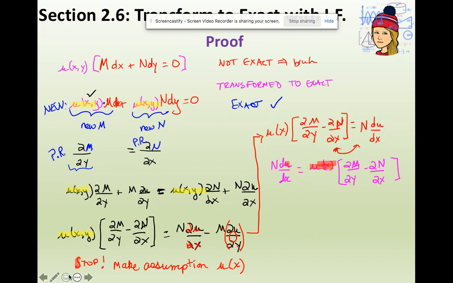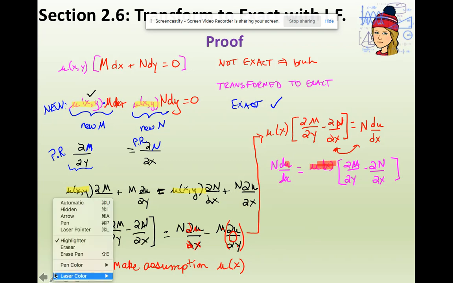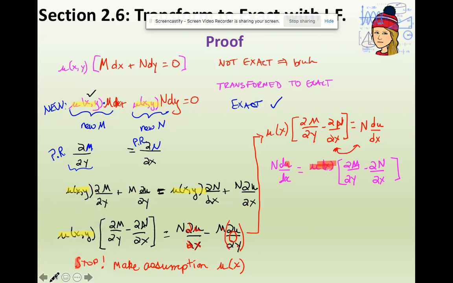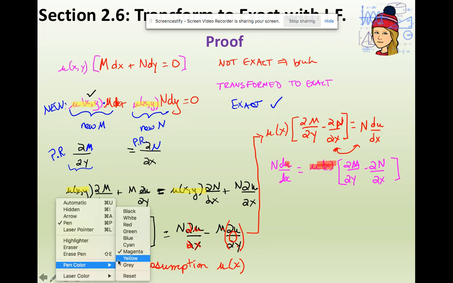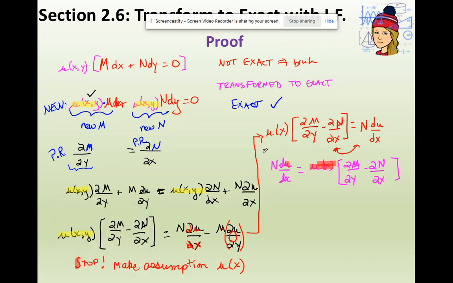So guess what I'm going to do? This is a separable differential equation. It's a differential equation because I have derivatives in it. So this is separable. Get the dx over here, get the u over here.